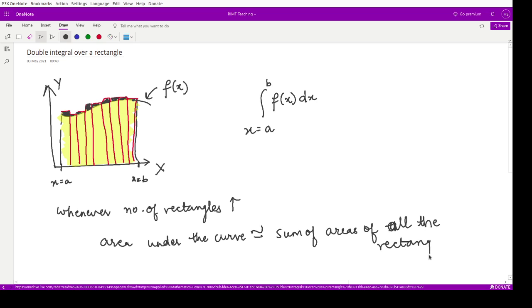So this is the meaning of integration, single integration, in one variable.